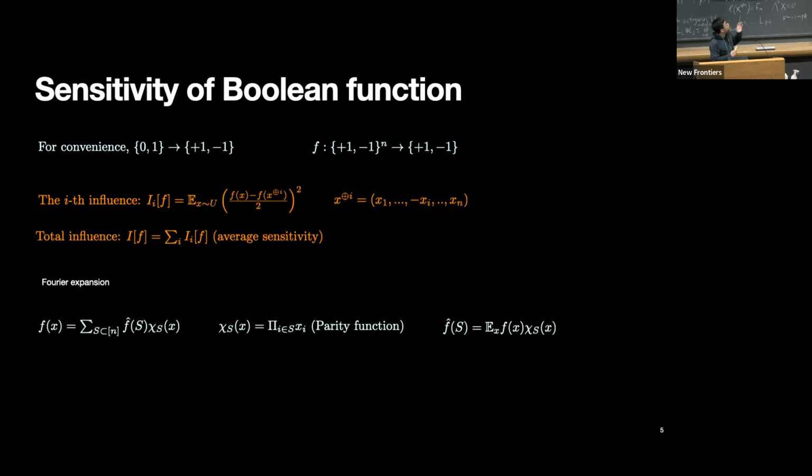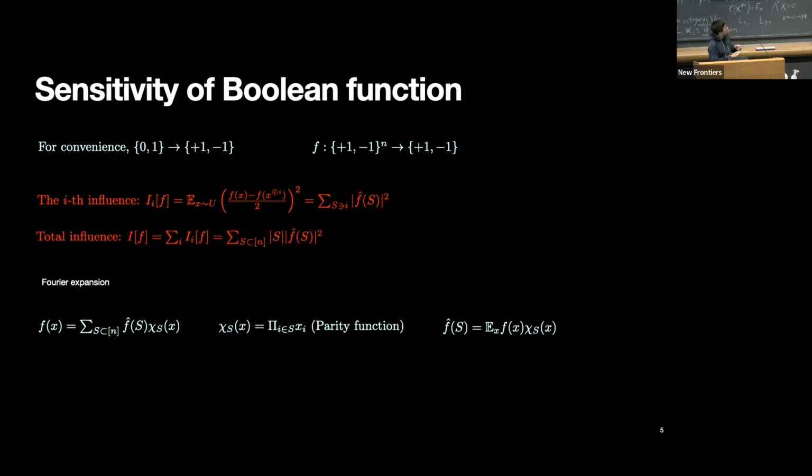If we use this Fourier expansion, then the local influence and the total influence can be rewritten in terms of the squares of the Fourier coefficients.